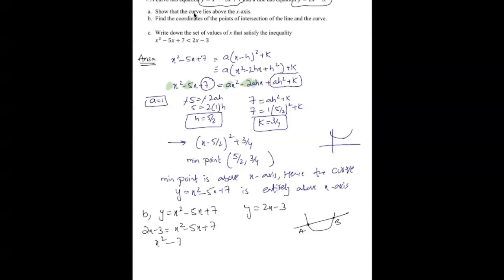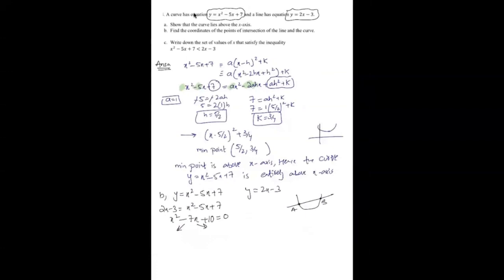You should get x squared minus 7x plus 10, isn't it? So the two values of x are 5 and 2.